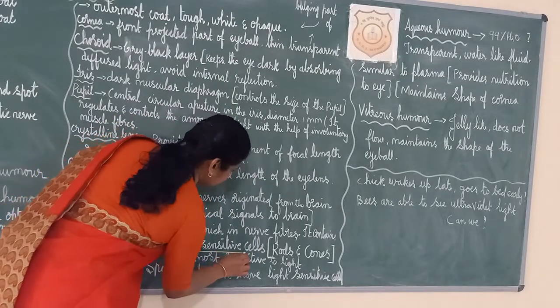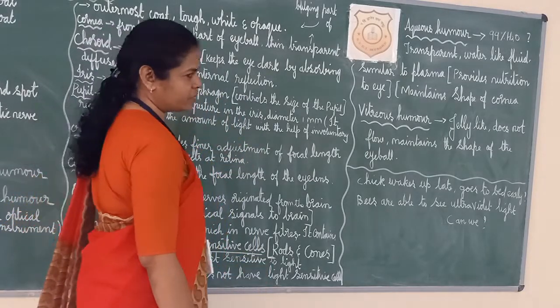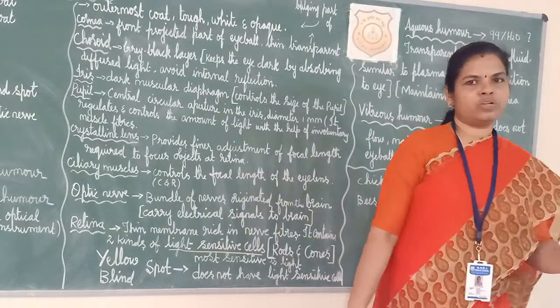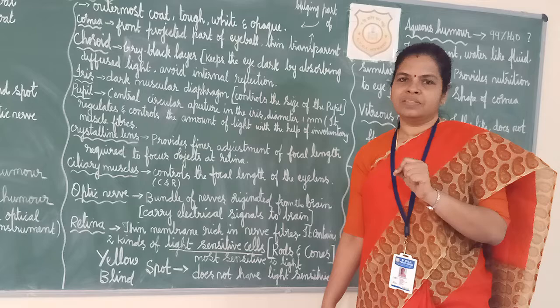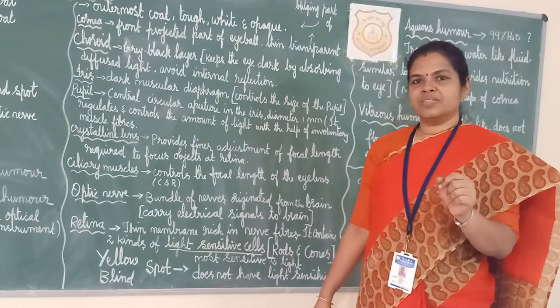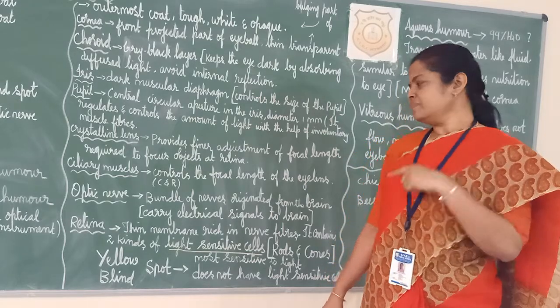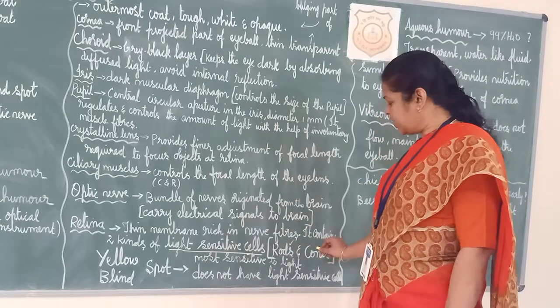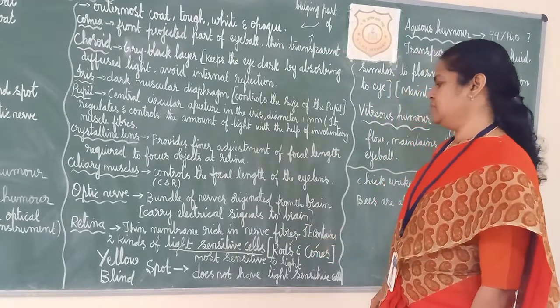See, light sensitive cells, it's very important. You have studied about rods and cones? Good. Rods are responsible for dim light. Cones are to see the colors. Find it out, okay? What is the purpose of having rods and what is the use of cones?